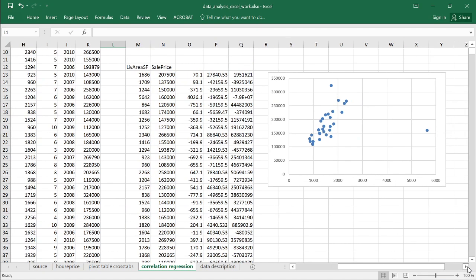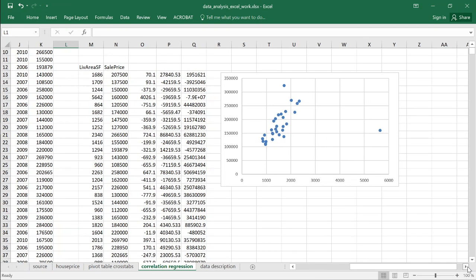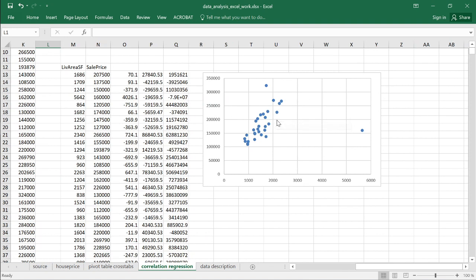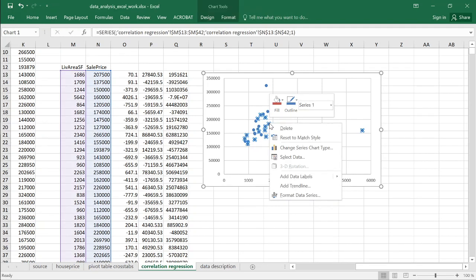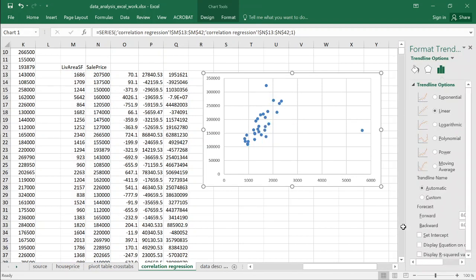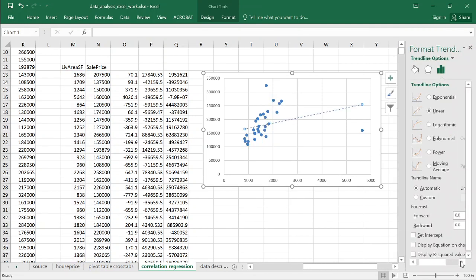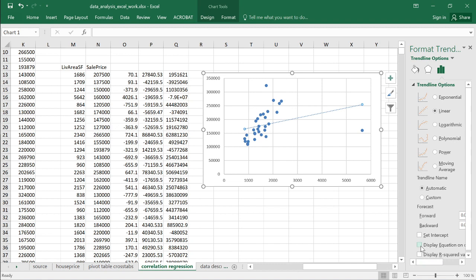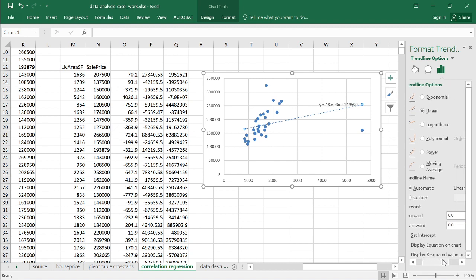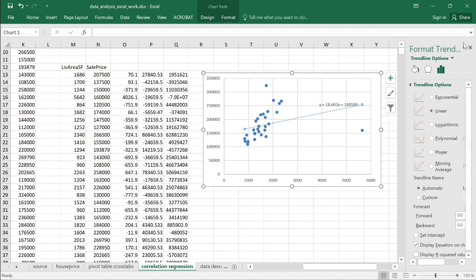So in order to obtain a simple regression, we can proceed in various ways. The first is, once we have done this scatter diagram, we click on any of the blue dots with the right mouse button and we say add a trend line. And here we have a couple of options, and I would, for the time being, just choose display equation on the chart.